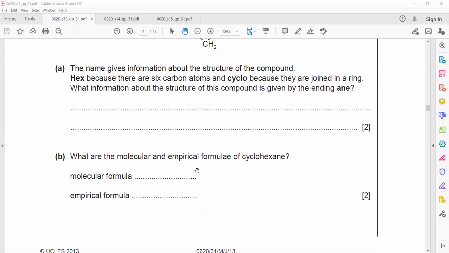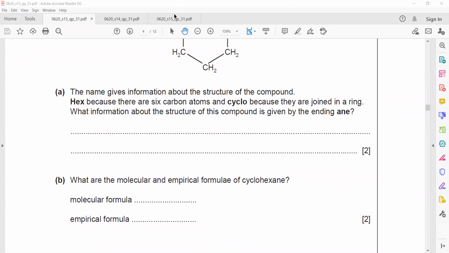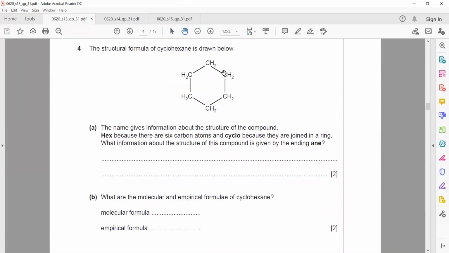What are the molecular and empirical formulas of cyclohexane? Molecular formula means the actual number of atoms. So how many carbon atoms and how many hydrogen atoms are there? So C6H12. And what about the empirical formula, the simplest ratio?